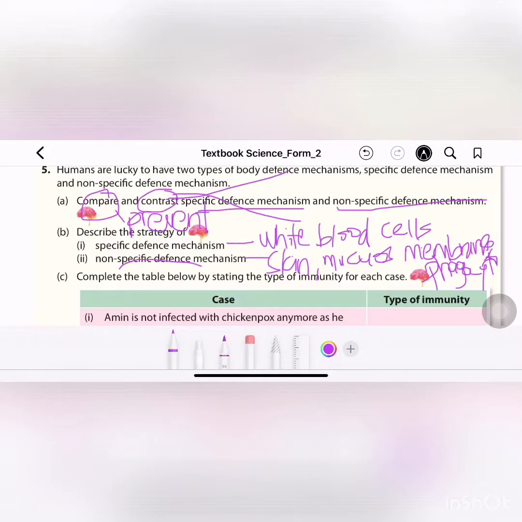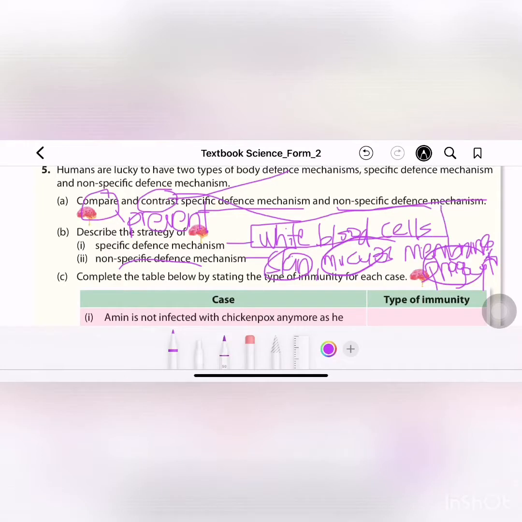Phagocytosis is the act of eating the bacteria.